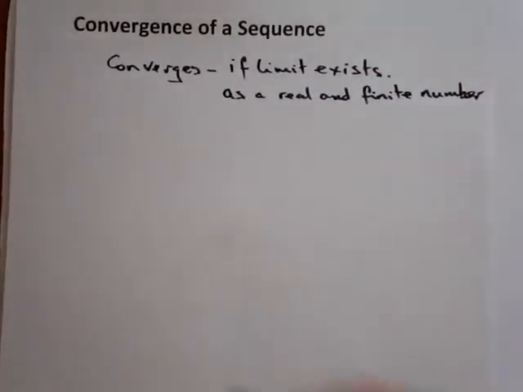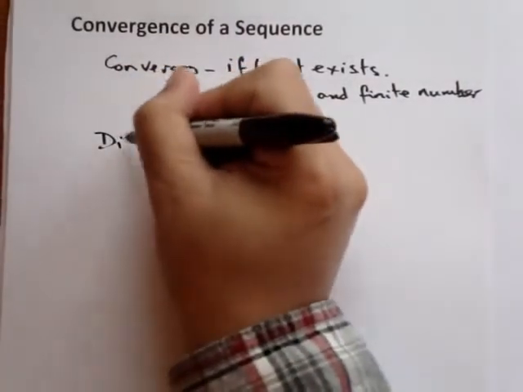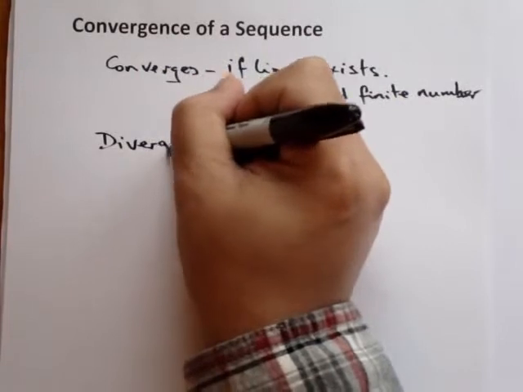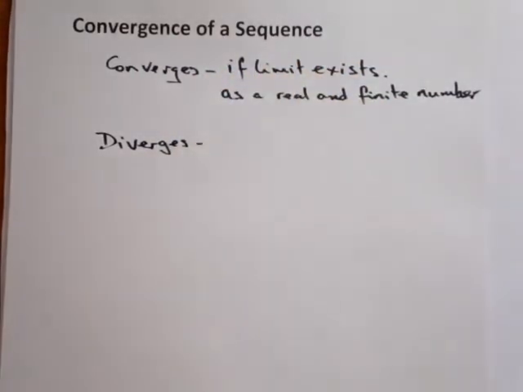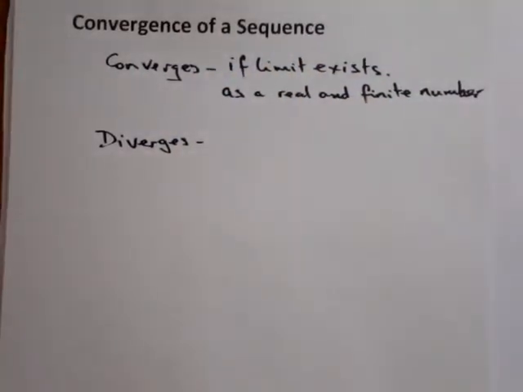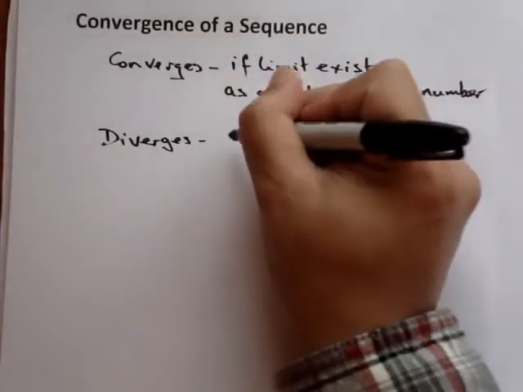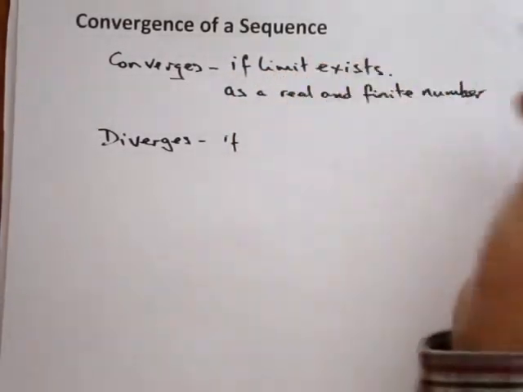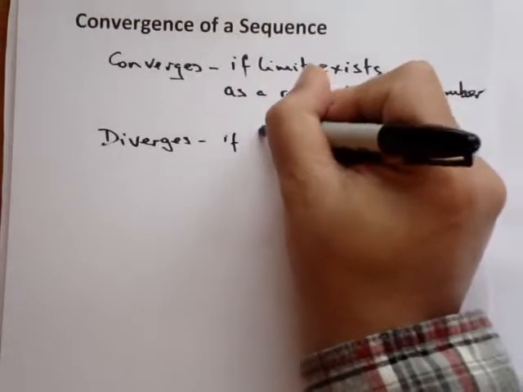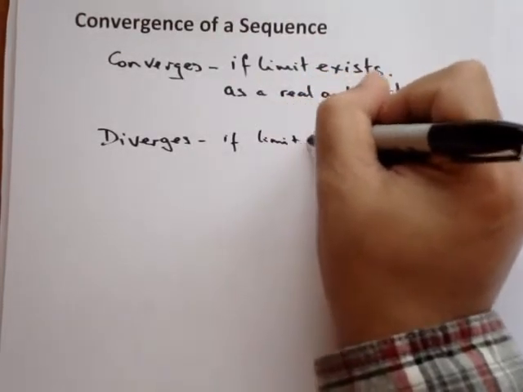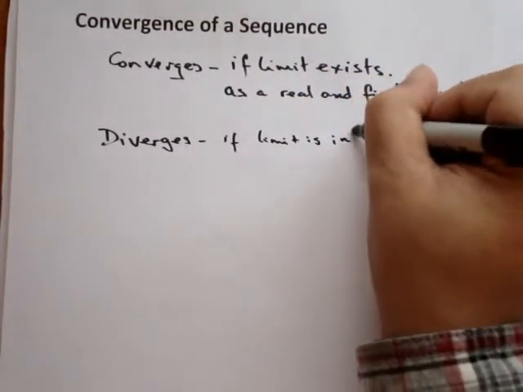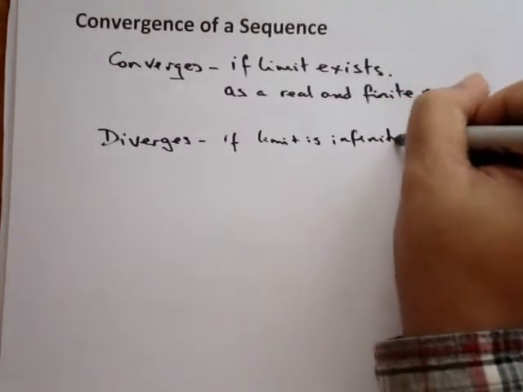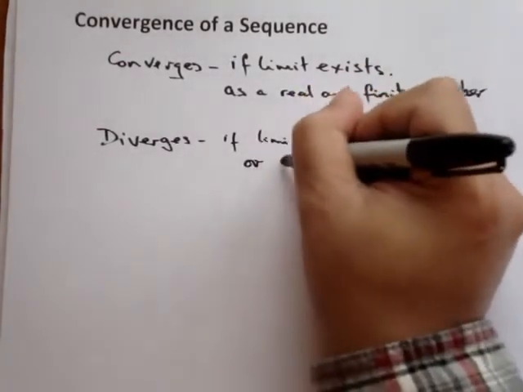And a sequence diverges if this limit is infinity or doesn't exist.